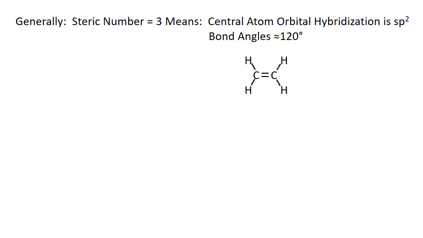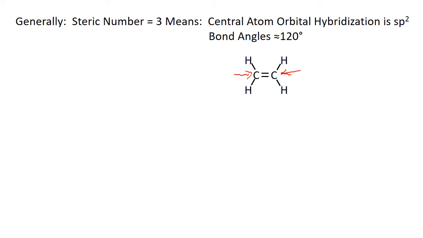Now just to summarize, we're going to look at more generally what happens with steric number 3. Steric number 3 means the central atom orbital hybridization, and in C2H4, notice I had 2 central atoms, here and here. Each of them has steric number 3. Steric number is simply the number of atoms bonded to each of those central atoms, plus any unshared pairs of electrons.